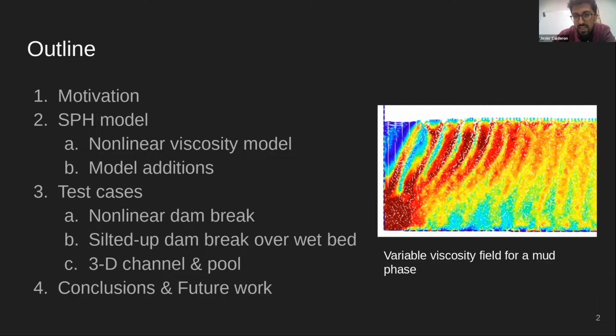That is basically, we are not considering a constant viscosity field anymore, but we have to deal with the variable viscosity defined at each of the particles.